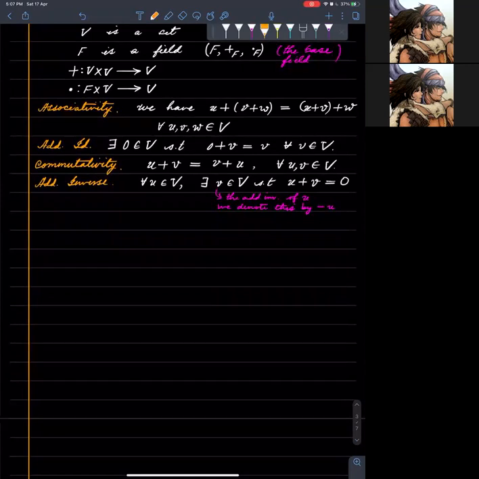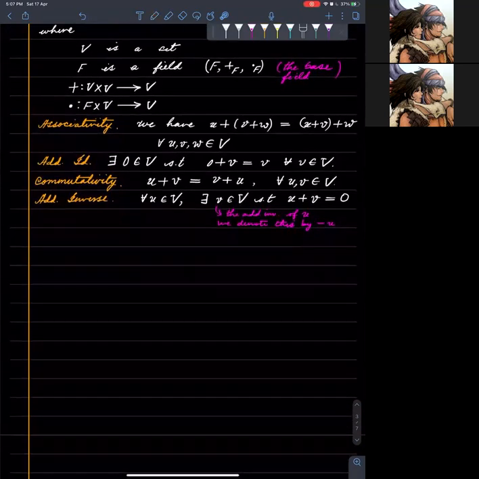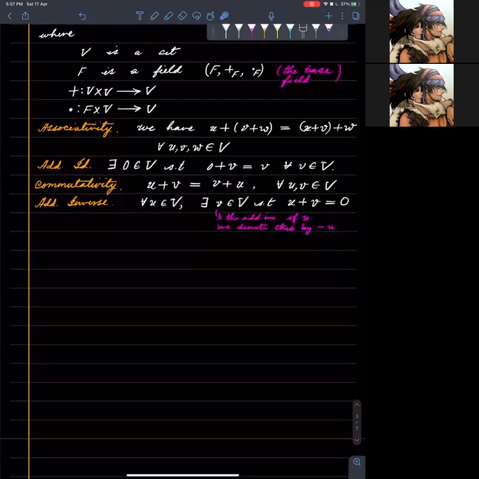Okay, now we have just dealt with the addition on V. But there are more things here, so we need to mention what they have to do with this quadruple. So we have other axioms.